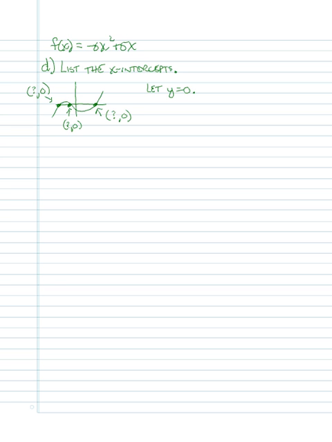And so when we're finding x-intercepts, we go above: f of x equals negative 3x squared plus 5x. Well, this is the y value, isn't it? And so we end up replacing that f of x with a 0, and solving the resulting equation. So finding x-intercepts always requires solving equations.